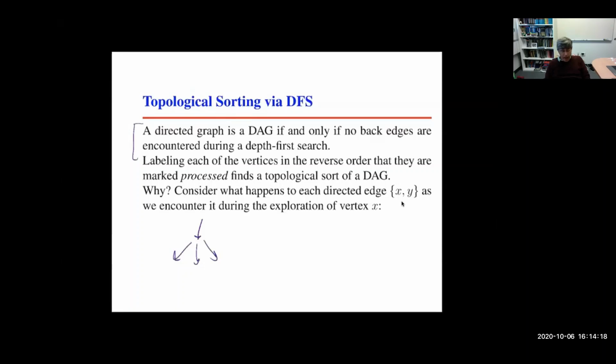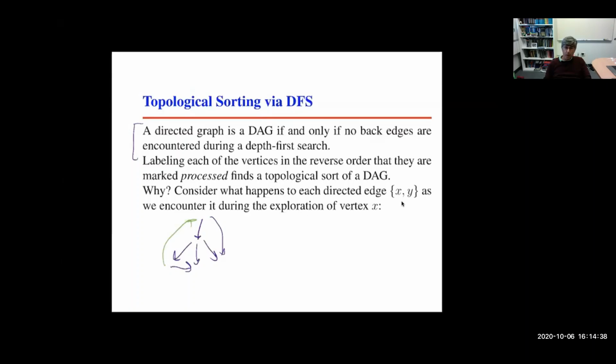We can have cross edges, we can have forward edges, but if we have a DAG, we cannot have any back edges. Does everybody see that the back edge is what created the cycle?